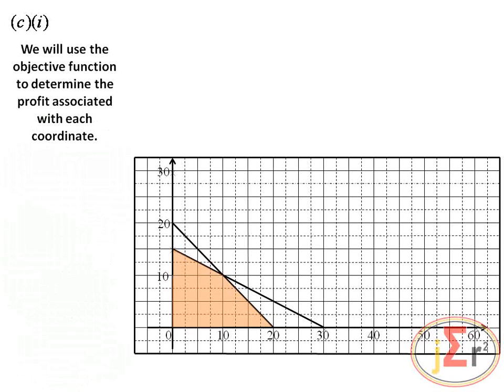We will use the objective function to determine the profit associated with each coordinate. Where is our objective function? The pizza shop makes a profit of $8 on the sale of each small pizza and $20 on the sale of each large pizza. All the pizzas that were made were sold.